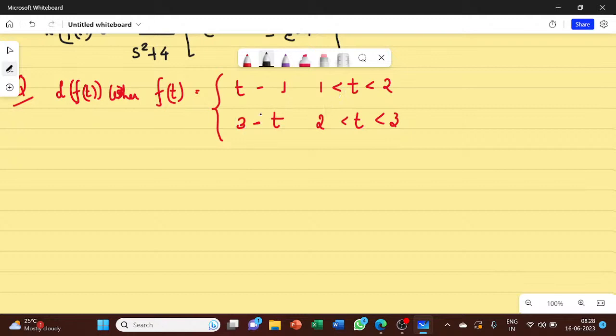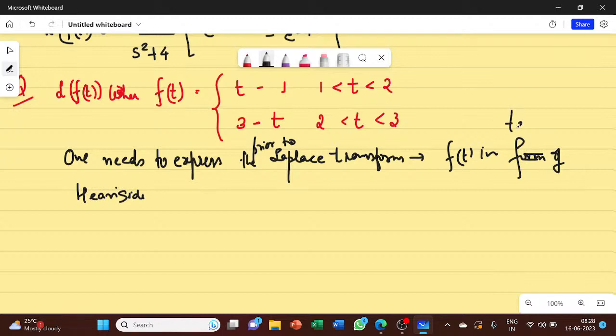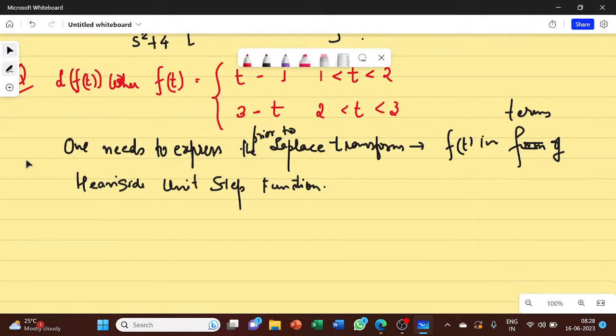See, again, I told you in the very first class itself that one needs to express f(t), prior to taking the Laplace transform, in terms of the Heaviside unit step function.